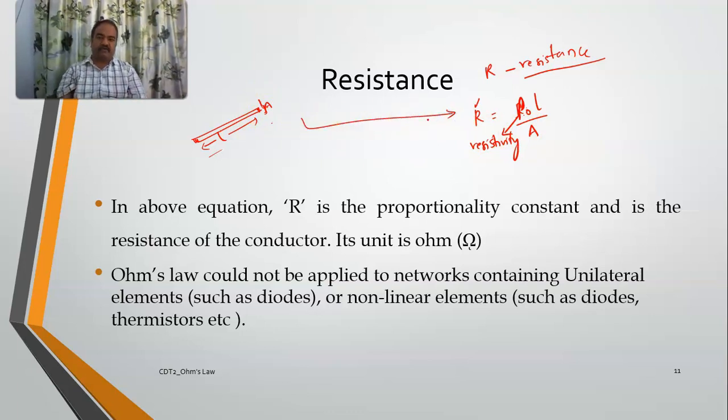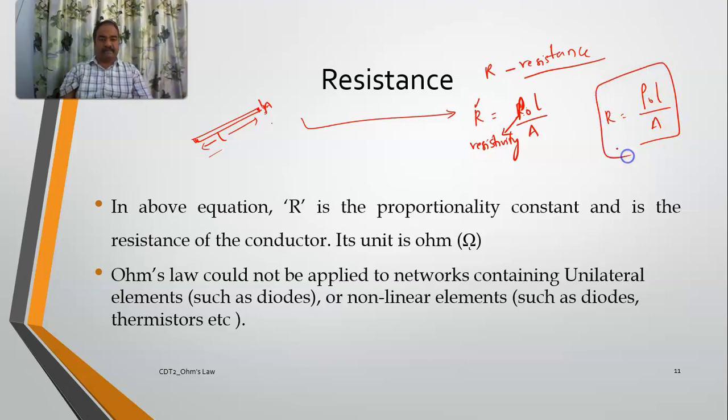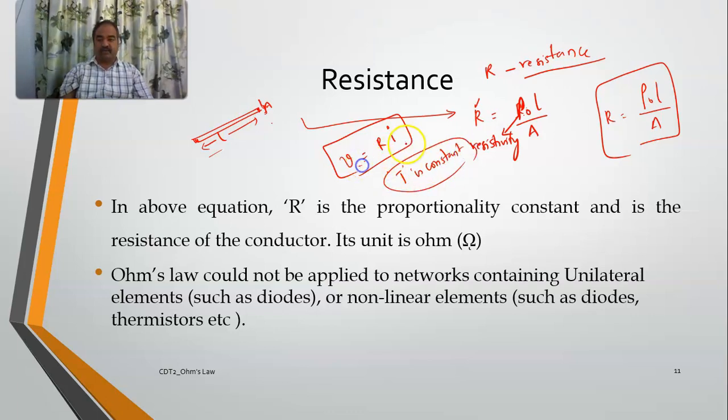If you go for a different configuration, like a square or a cuboid, then this formula may not work. So for a wire, R is equal to rho L by A, and V is equal to R into I. This relation holds good as long as the temperature is constant. Try to remember, if the temperature is varying, then V is proportional to I may not hold good.